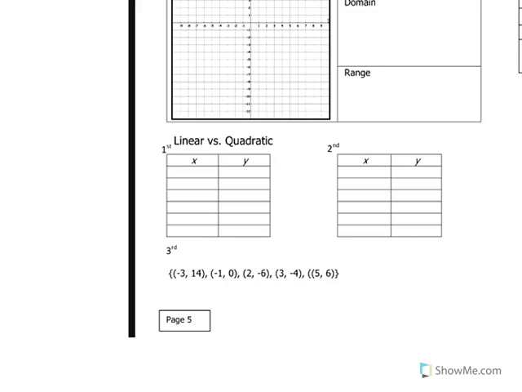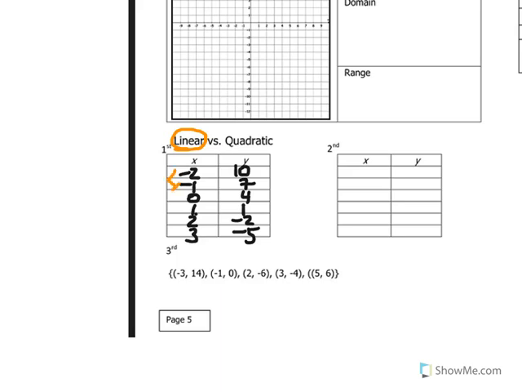So I'm just going to go x = 1, 2, 3. Now put these points in the y values: 10, 7, 4, 1, -2, -5. Now, I tell you that this is a linear function, and I want to show you how you can know that for certain.